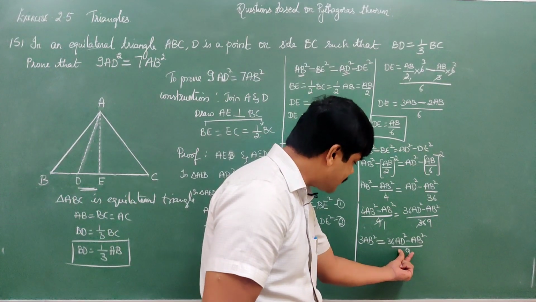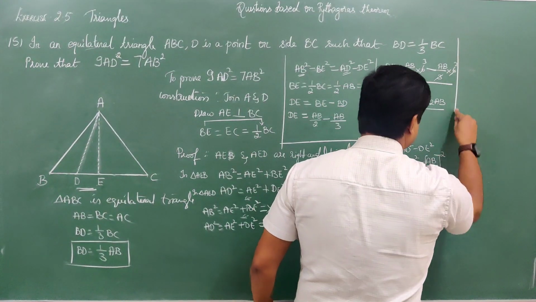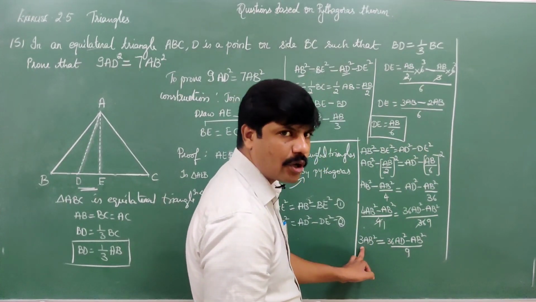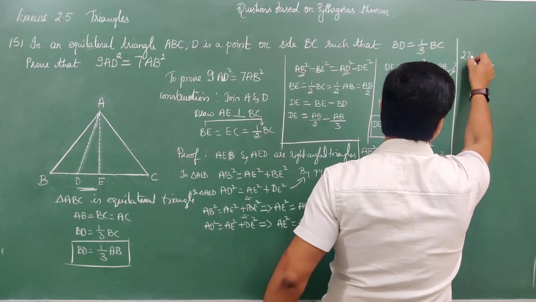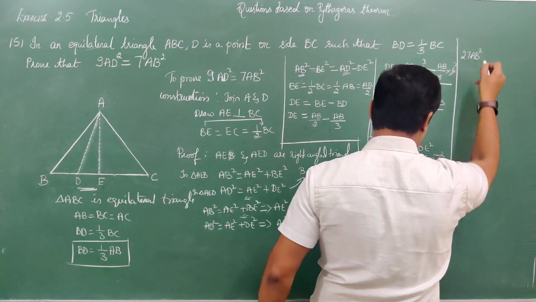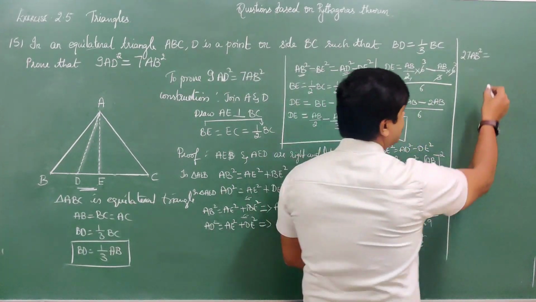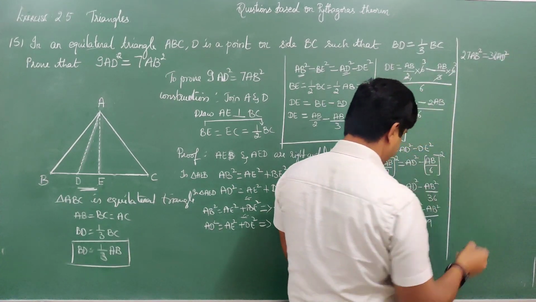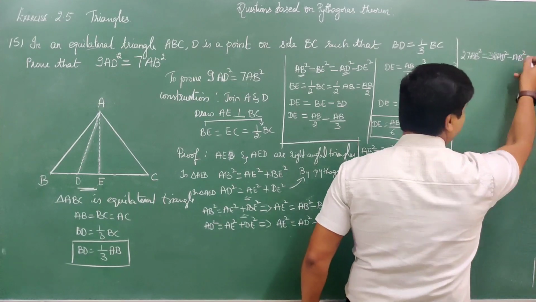Okay, now this 9 you can transfer this side. After transferring here, 9 threes are how much? 27. 27 AB square is equal to 36 AD square minus AB square.